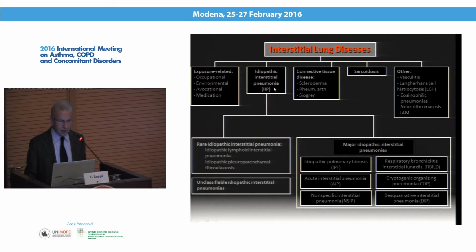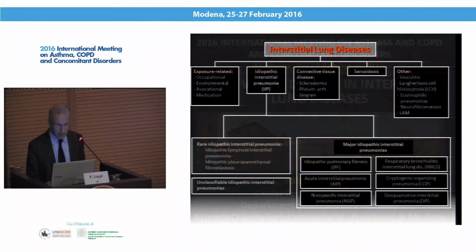Connective tissue disease, in which lung involvement is very important because it is the primary cause of death in this group of diseases. Sarcoidosis as a prototype of granulomatosis. And finally, a miscellany of diseases of unknown etiology, among which I would like to stress lymphangioleiomyomatosis, eosinophilic pneumonias, pulmonary Langerhans cell histiocytosis, and vasculitis.